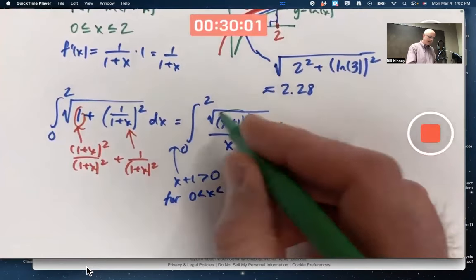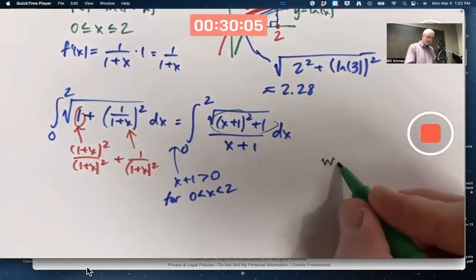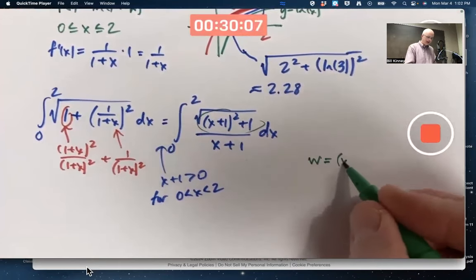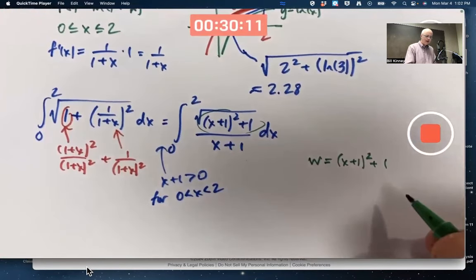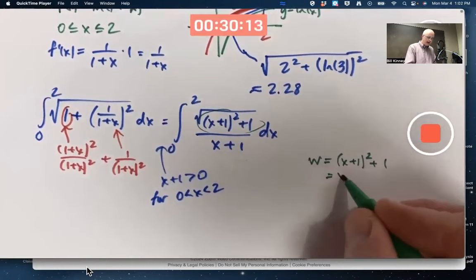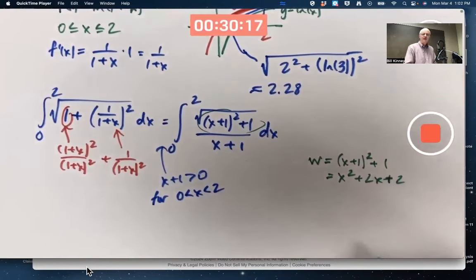I'm going to let W be this entire thing in here. W is going to be x plus 1 quantity squared plus 1. You can expand this out. It does equal x squared plus 2x plus 2 in the end, though it's not really necessary to expand it out.